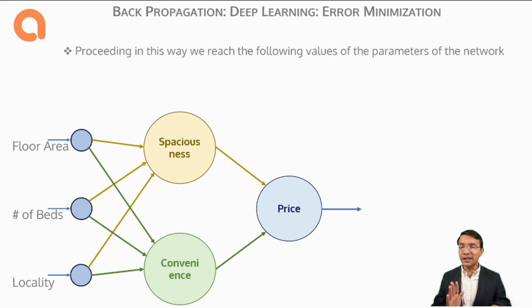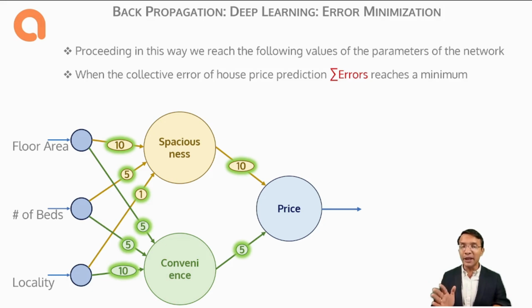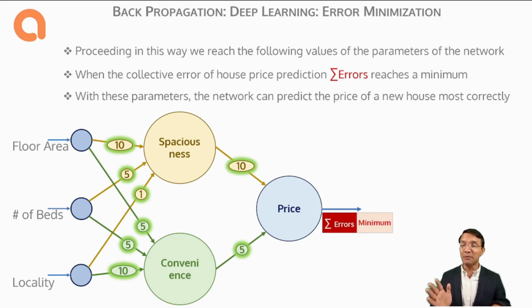And proceeding in this way by tuning from this side to this side and also this way from here to all these parameters, we now get a final network where this coefficient is equal to 10, this one is equal to 5, and these coefficients for which the error of predicting the prices of those 3 houses is minimum.